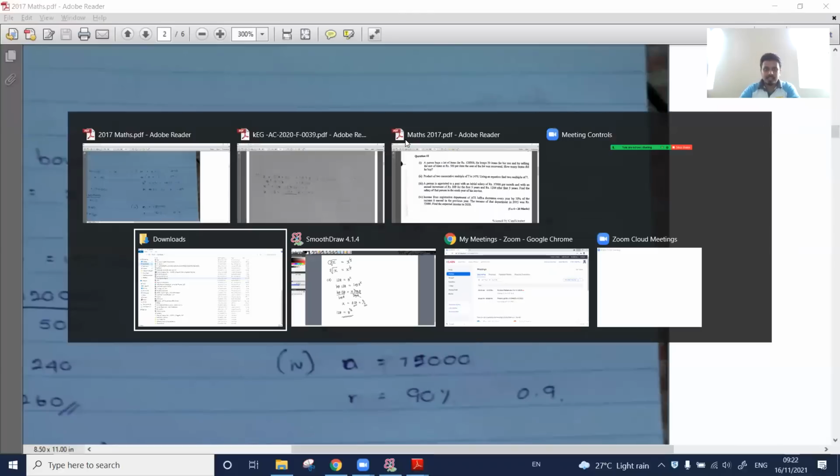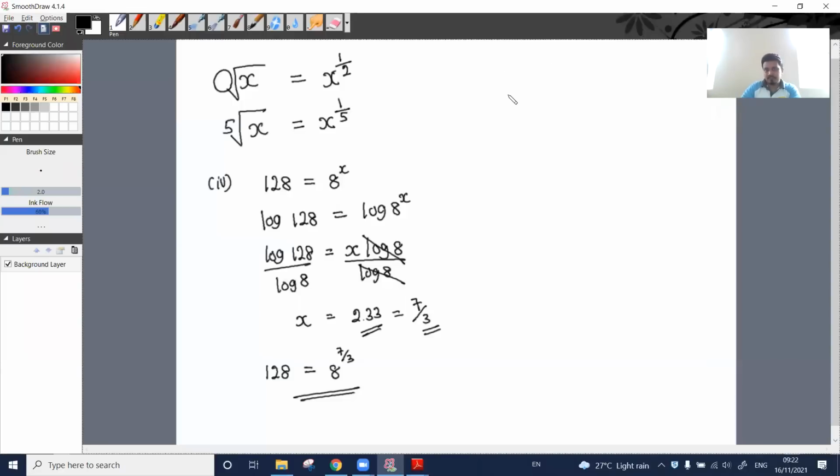Here, I will take it like this. Multiples of 7 can be 7 and 14, 21 and 28, 35, 42. It can be something like this, or else 28, 35. So if we assume the first multiple of 7 as x, then what should be the second one? What should be the next one?